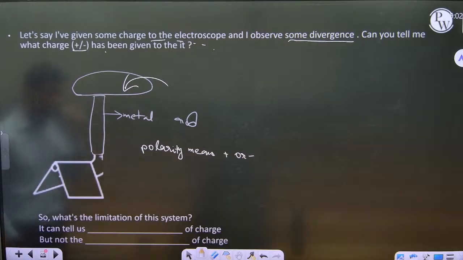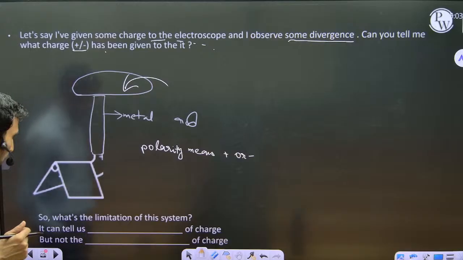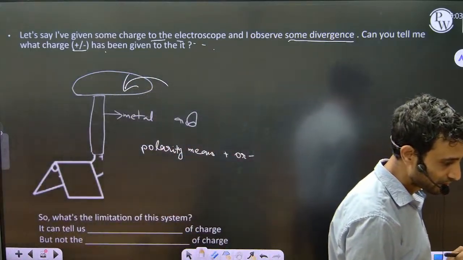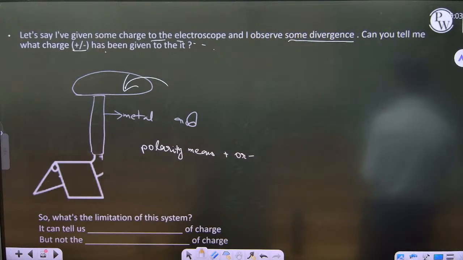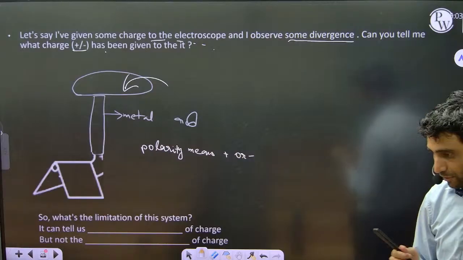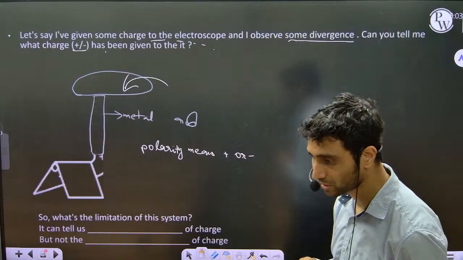Polarity means plus or minus. Tell me, can you guess which charge it will be? In which case do the plates go away, in case of positive charge, negative charge, or both?